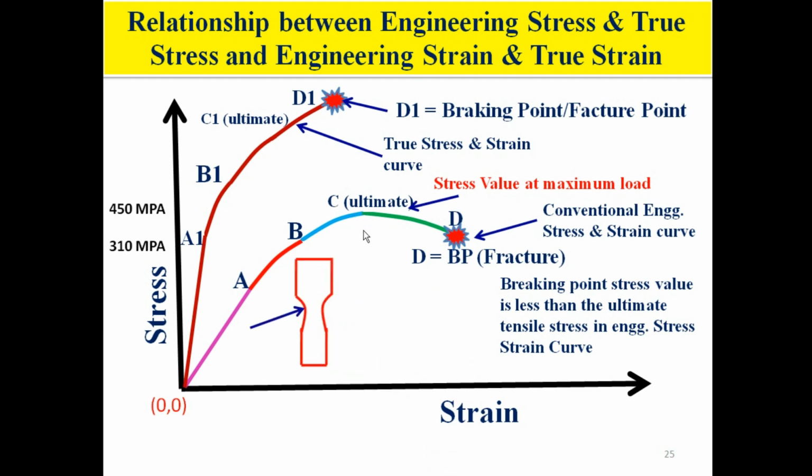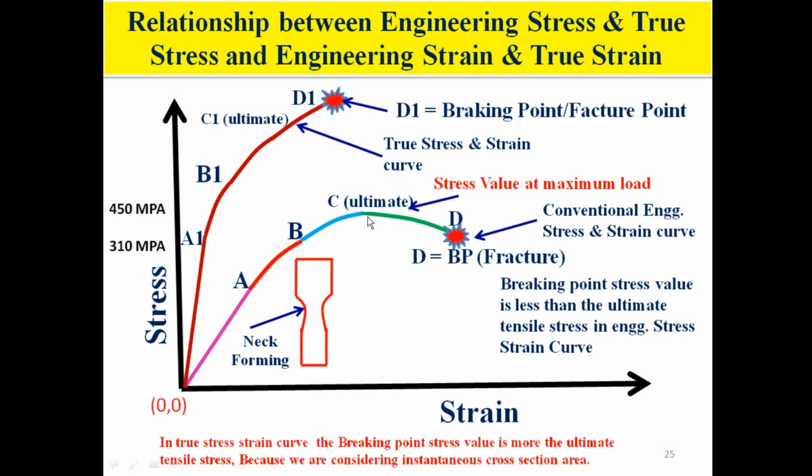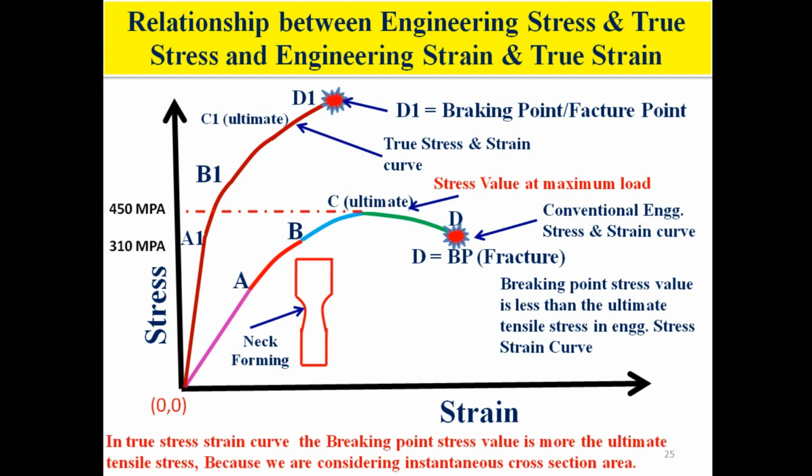The necking will start here, at the stress value at maximum load. You can see this is your ultimate stress 450, but the breaking stress you are getting is 310. That's why the breaking point stress is less than the ultimate in the engineering stress strain curve, right? So in the true stress strain curve, the breaking point or fracture point stress value is always greater than the ultimate tensile stress, because we are considering the instantaneous cross section area and the instantaneous length in our calculation.